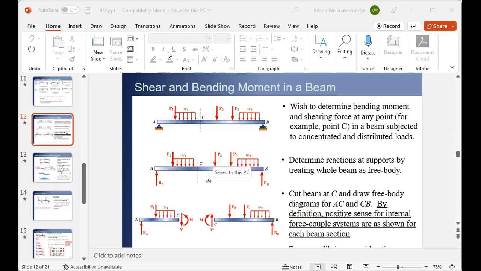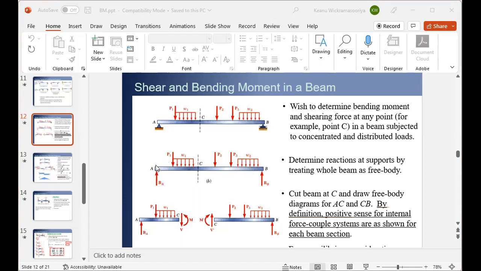No ideas. So the force is the area under this curve. If you have a constant distributed load, then W1 into the length is the total force.